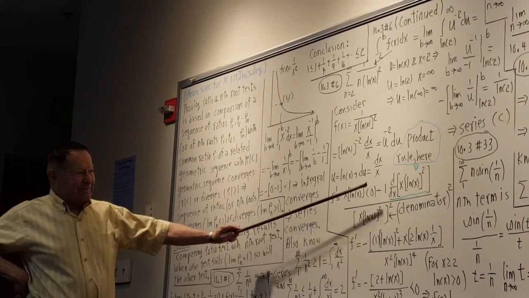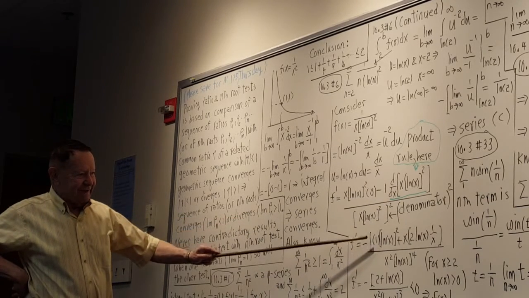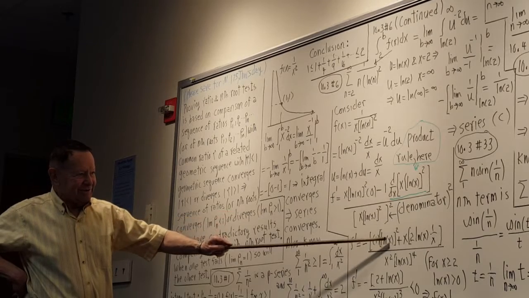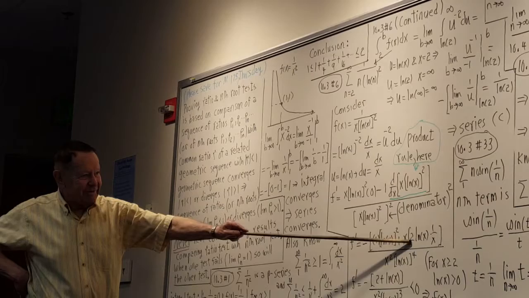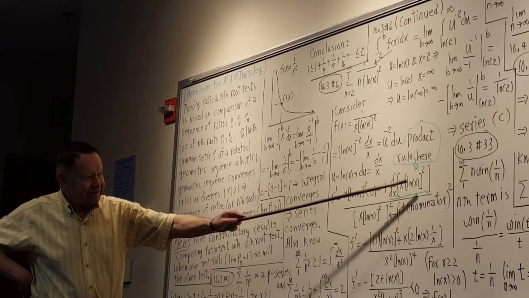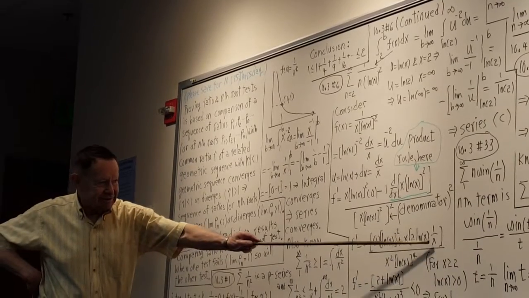That's 0. Then you do your product rule. So derivative of x is 1 times log square plus the x, and then bring the 2 down, log x, and then the derivative of log is 1 over x. Notice those x's cancel.